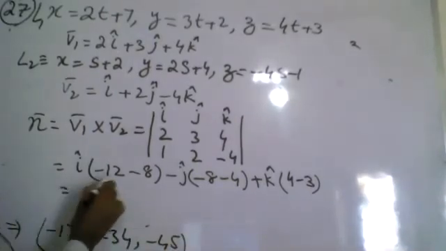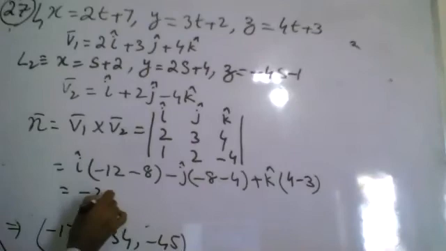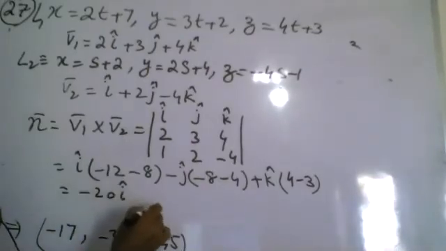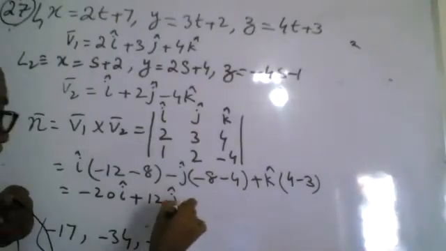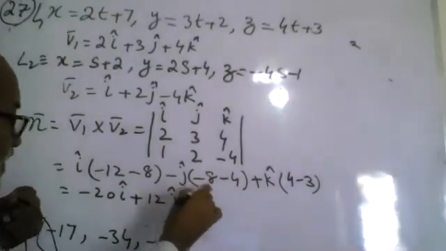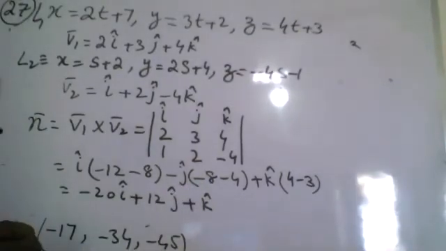It will become minus 20i minus minus, so plus 12j, and plus k. This is the normal vector.